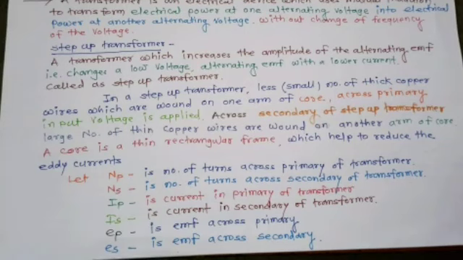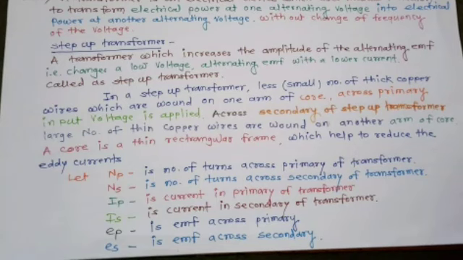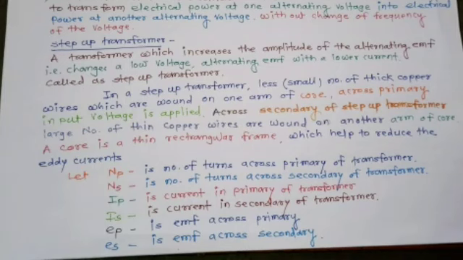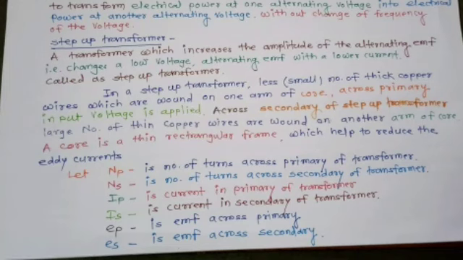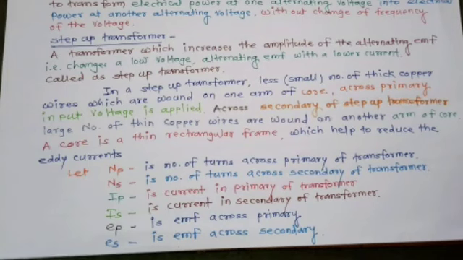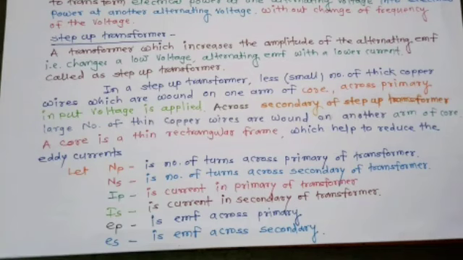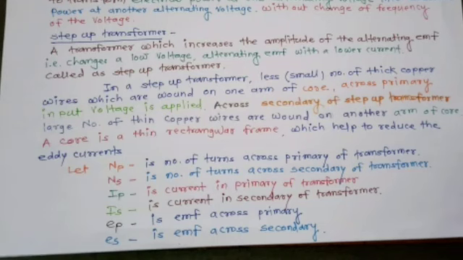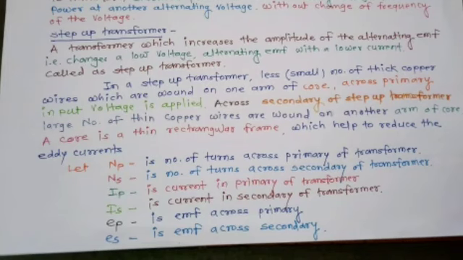A core is a thin rectangular frame which helps to reduce eddy currents. Let NP be the number of turns across primary of transformer, NS the number of turns across secondary, IP the current in primary, IS the current in secondary, EP the EMF across primary, and ES the EMF across secondary of transformer.